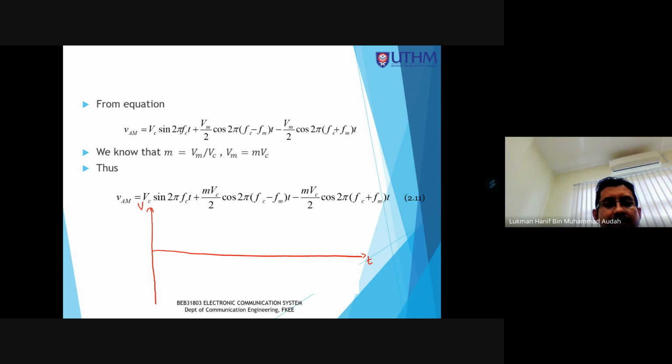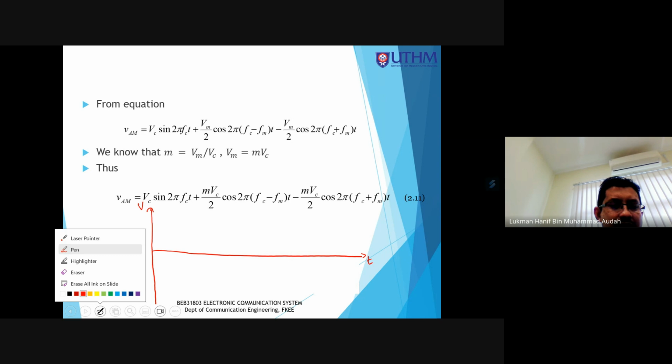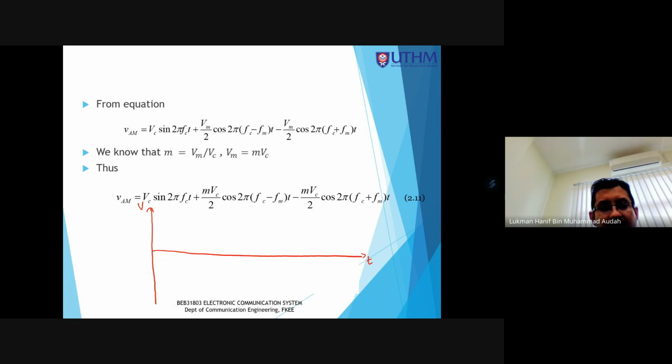Then, for me, I would like to draw another axis, the envelope axis. I'll make it a dotted line, the center of the envelope.